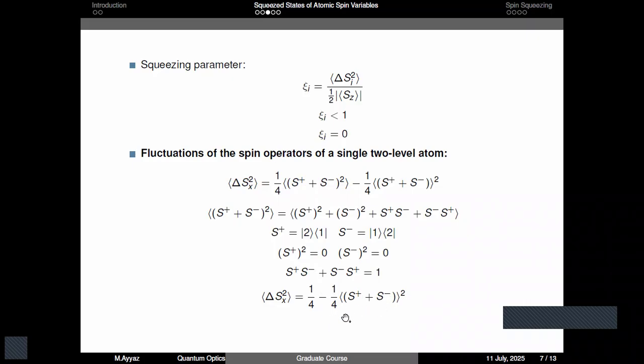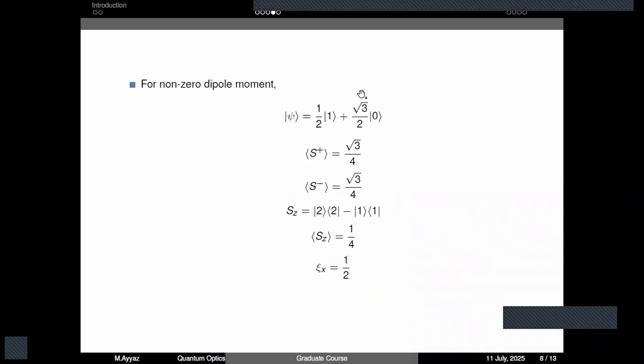And if we have a two-level atom in spin up or in excited state, we have again the expectation value of this quantity going to be 0. So we want that the atom should be in a superposed state of the excited and ground state. Then we have non-vanishing dipole moment.